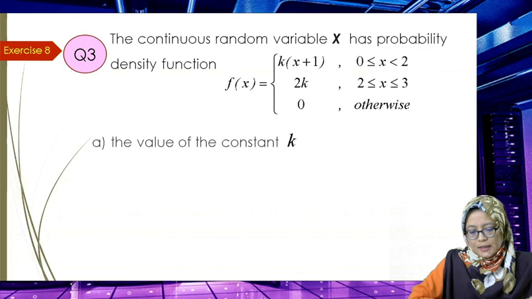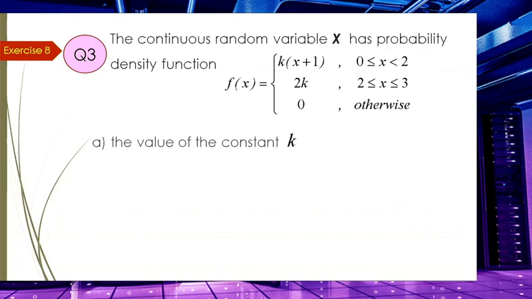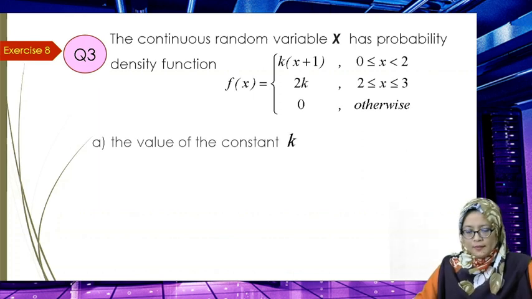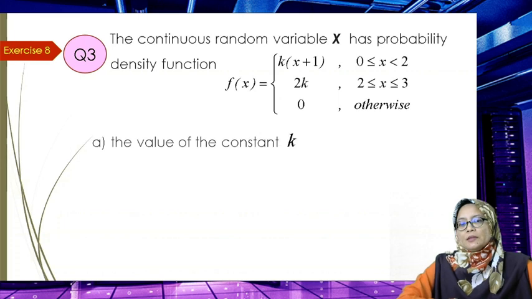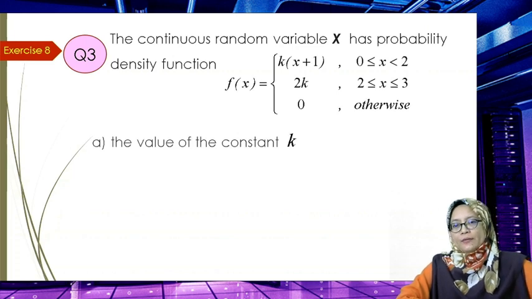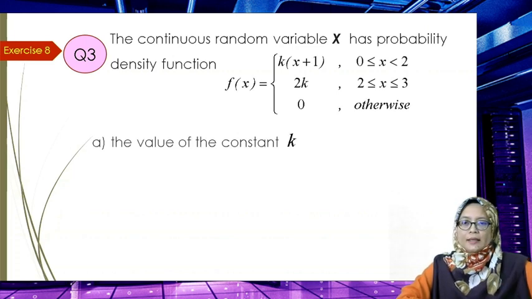Okay, so then first find the value of constant K. Okay, so sekarang ni kita nak cari constant K. Okay, sama macam konsep yang tadi juga, tapi tadi kita ada satu interval. So sekarang ni kita ada 2 interval. Okay, so tak kira lah ada berapa interval pun, awak kena integrate semua interval yang ada tu total dia mesti sama dengan 1.